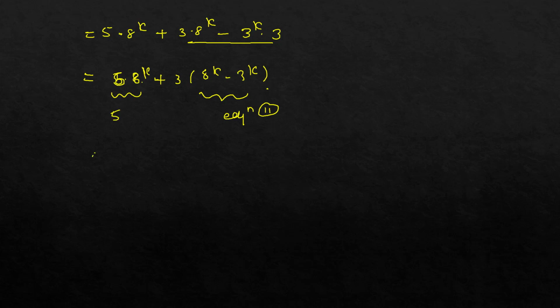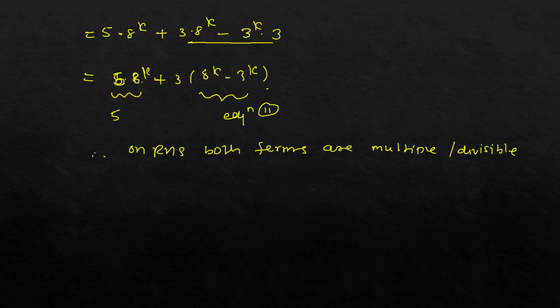So therefore on RHS both terms are multiple or divisible by 5. Therefore P of k plus 1 is true.